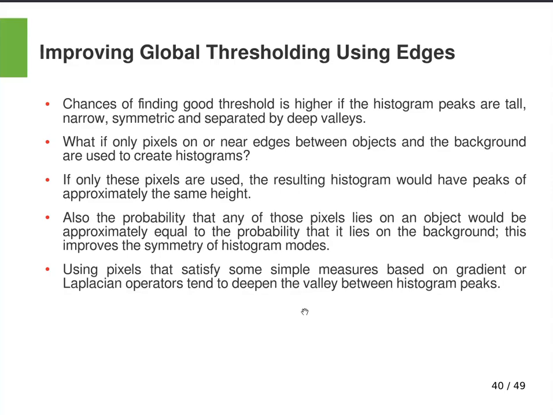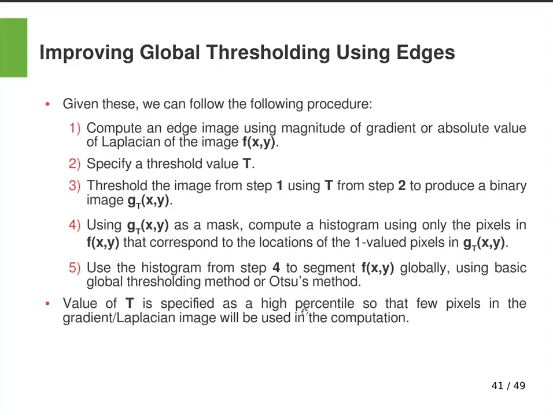So this improves the symmetry of the histogram modes as well. Using pixels that satisfy some simple conditions based on either the gradient or the Laplacian tends to deepen the valley between histogram peaks as well. So that's the idea behind improving global thresholding using edges.